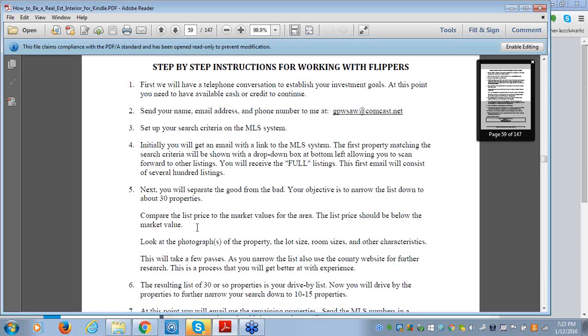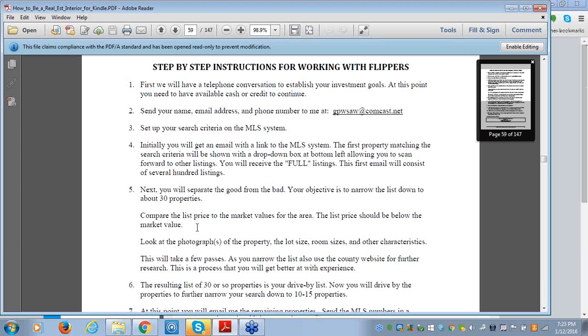Here's what really is important when you're at this step, guys. The property you want to flip, if you've found the right area, your property should be in line with the other houses in the area. In other words, if the majority of the other houses are 4-bedroom, 2-bathroom houses, and you've got the only 3-bedroom, 1-bathroom house, it's going to put you at a disadvantage.